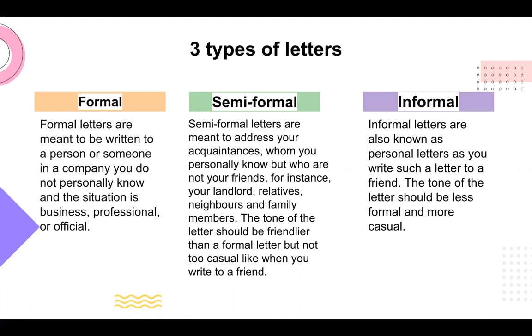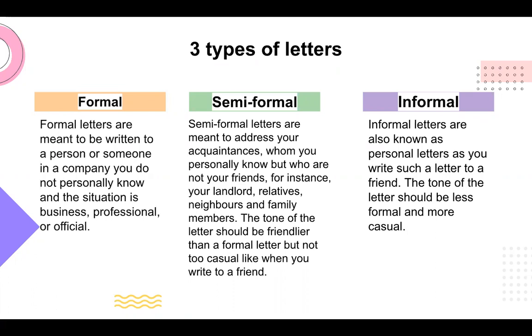If you're writing to somebody in a company, then it is a formal letter. If you're writing to a supervisor in your company, it is a formal letter. So keep in mind, it is somebody that you do not know personally, or you might know them as a business person, but you do not know them personally or socially. So that is a formal letter.